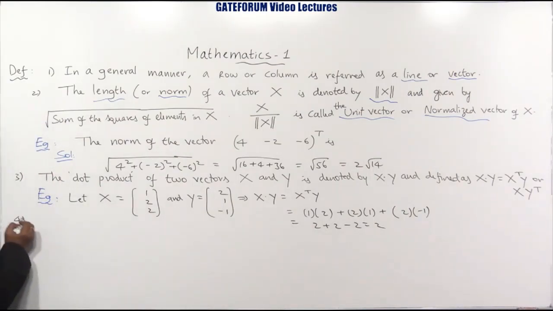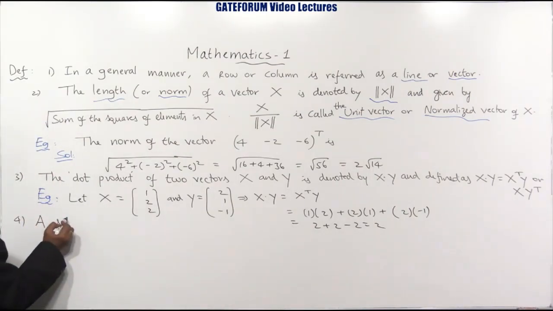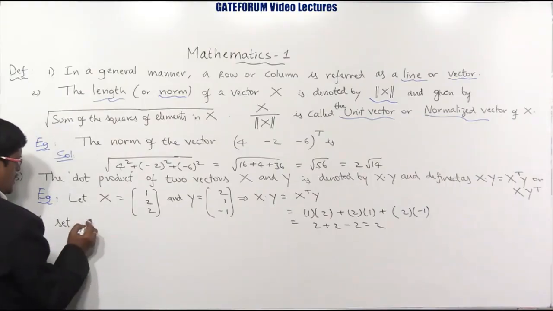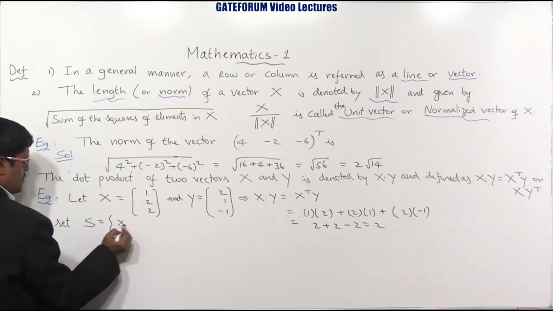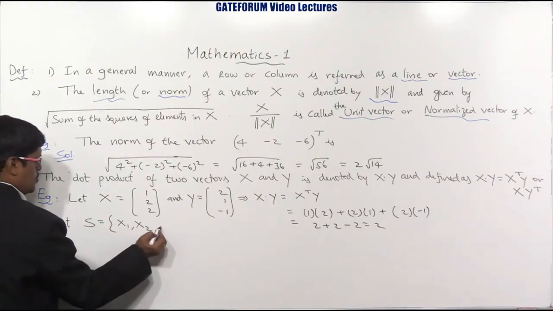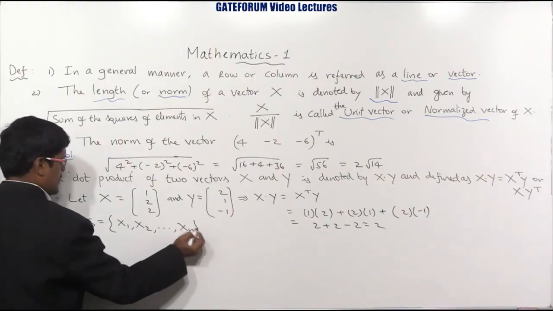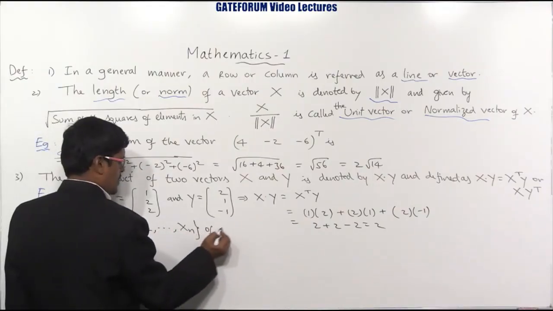Definition 4. A set S is equal to x1, x2, and so on, xn. These are n vectors.